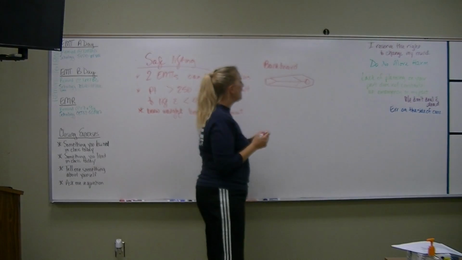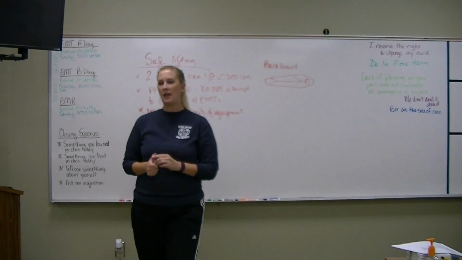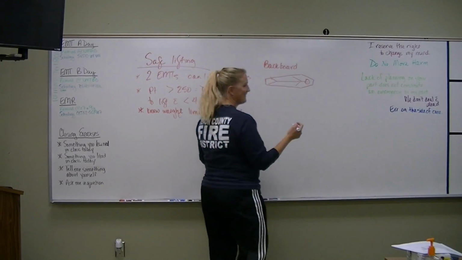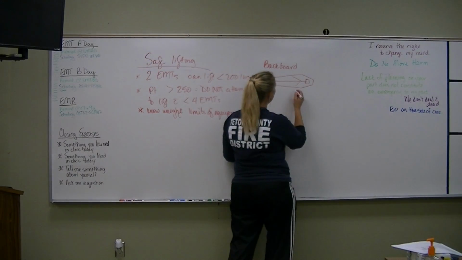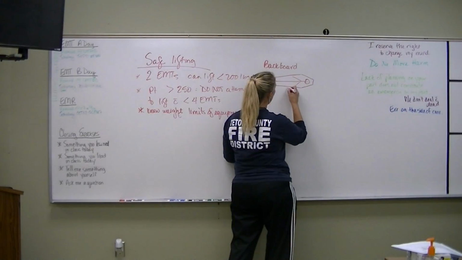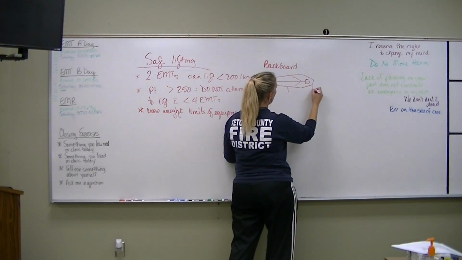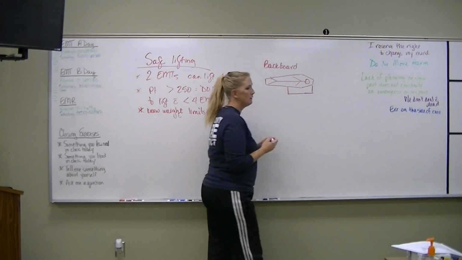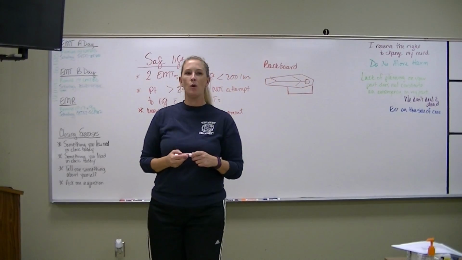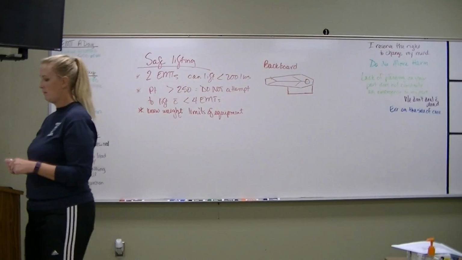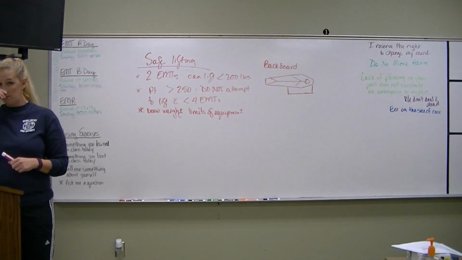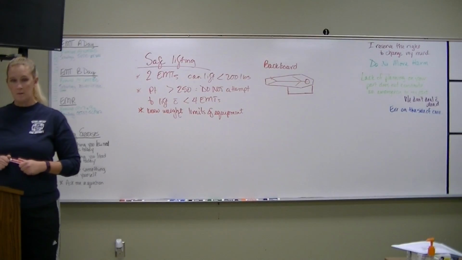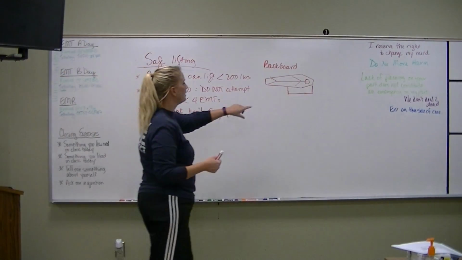Where's the weight of that patient at? The head half, torso half. There's a lot of weight from the butt to the head. Why is that important to remember? Put your stronger guys up there, because they're going to be lifting more weight. We're going to put our stronger guys up here because they're lifting more weight.